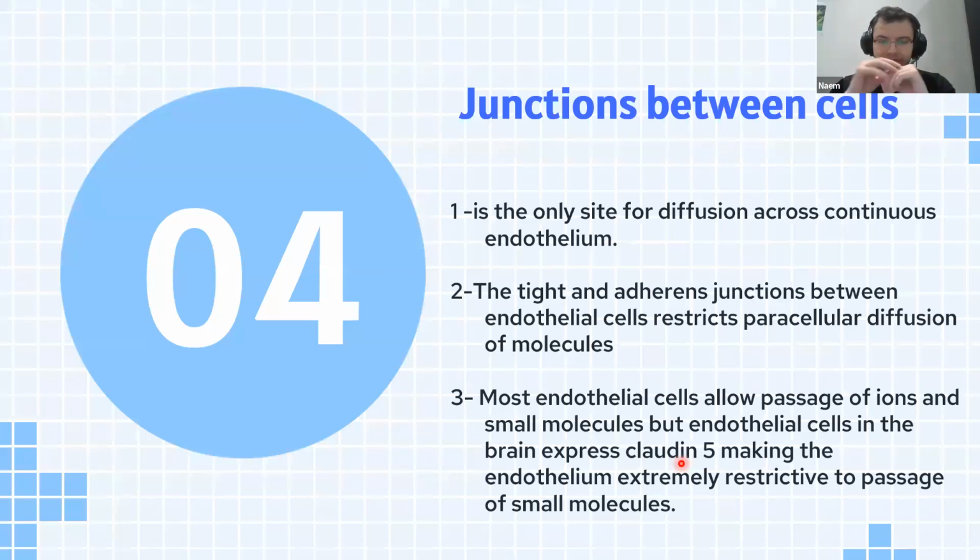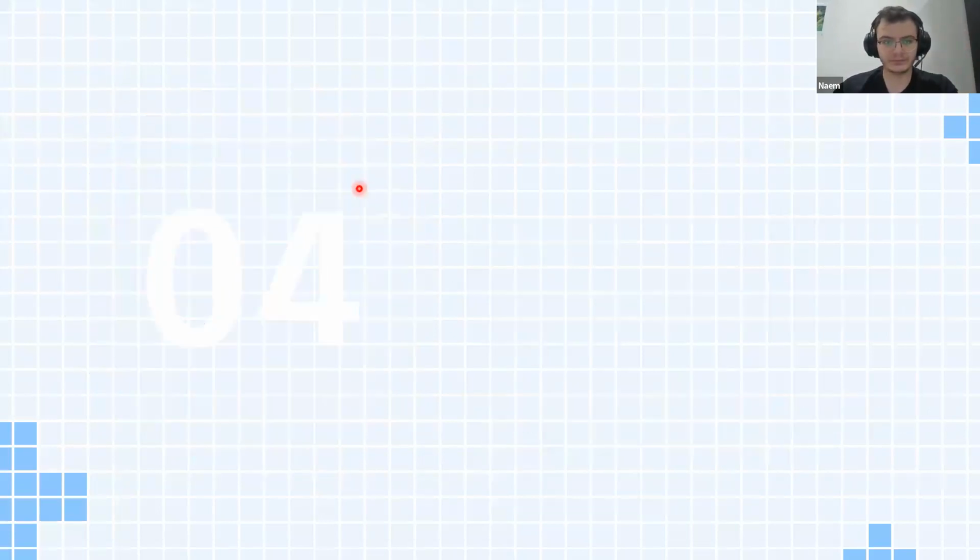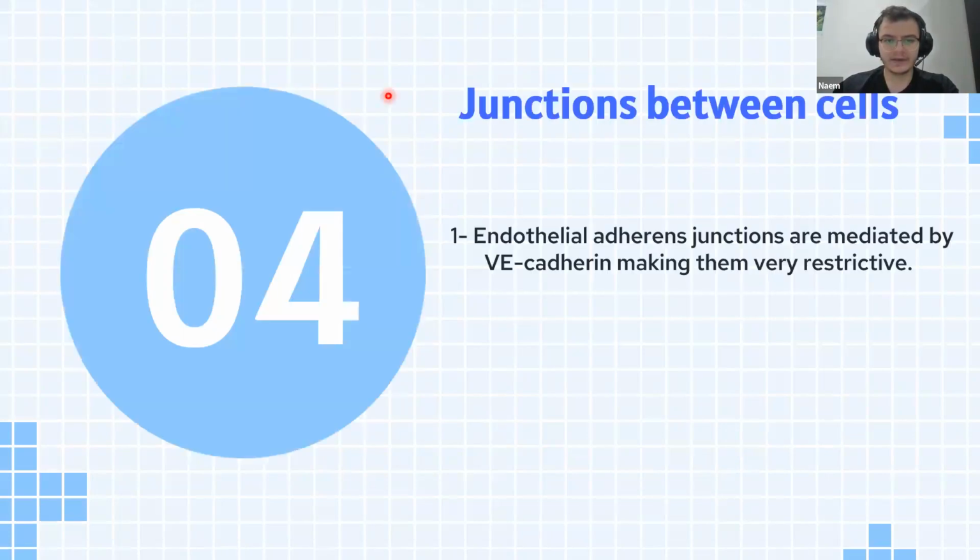This is a concept that you just need to memorize. Basically, the brain is sensitive. Nothing should get there. If any molecule could get to your brain, it would probably die. So that's why we have an excess of claudin 5 and other molecules that make sure there is no free leakage. Again, this is just talking about the functions of each one specifically.